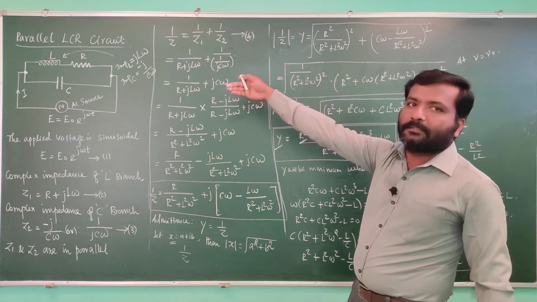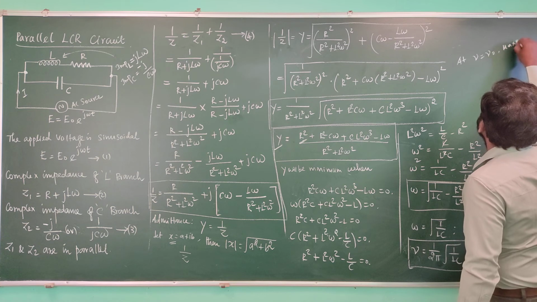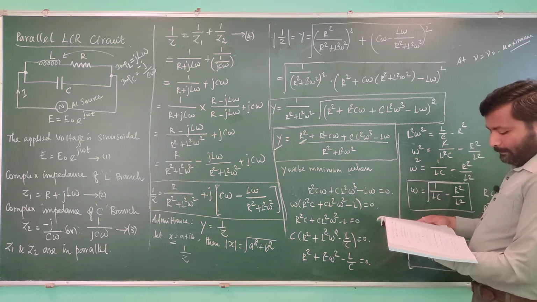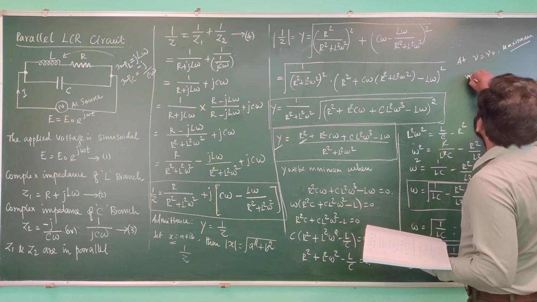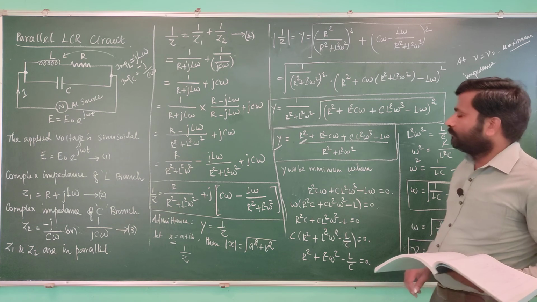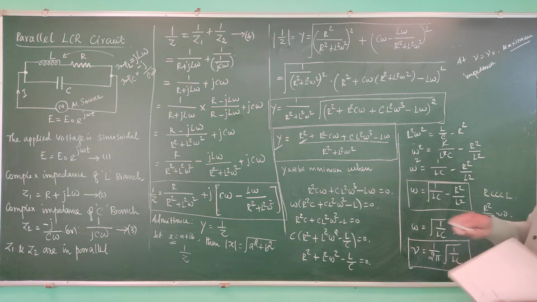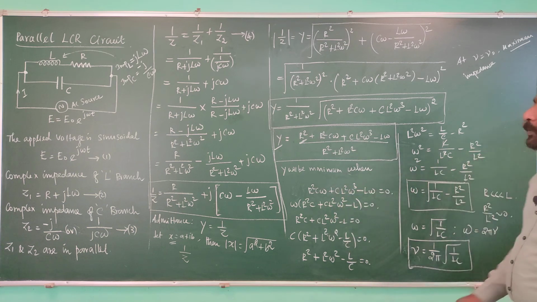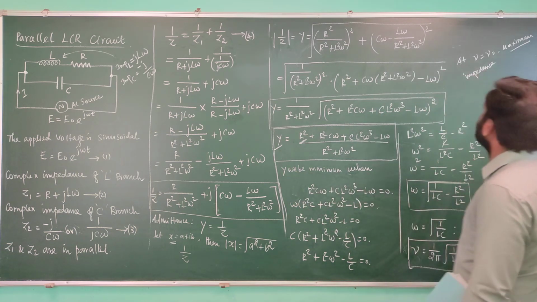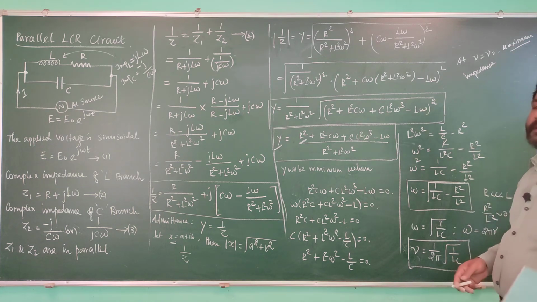the circuit will exhibit maximum impedance. Because y will be minimum, and the reciprocal of impedance is admittance. So if y is minimum, then impedance will be maximum.